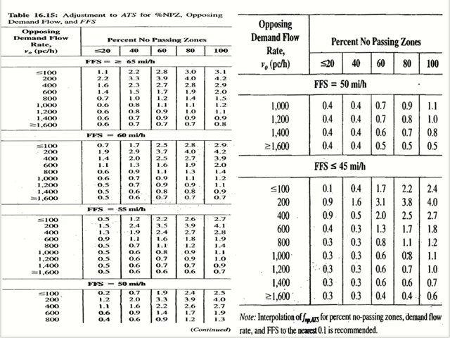The last interpolation we will do is for FNP. Okay, I need the FNP value. So I need the opposing flow rate, which is 395. Okay, I need the no passing zone, which is 40%, and I need the free flow speed, which is almost 55, I said.